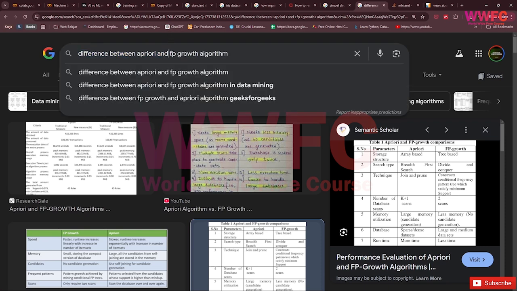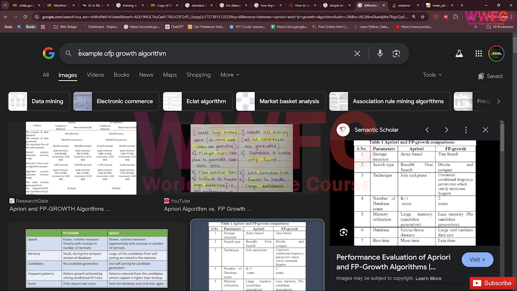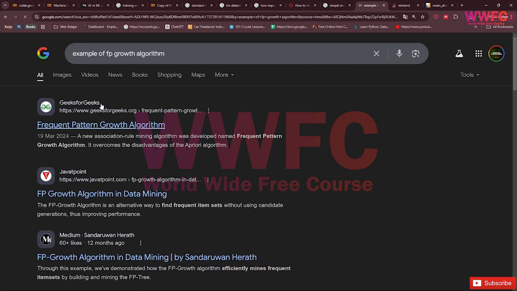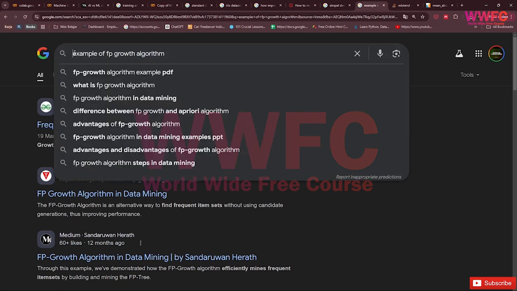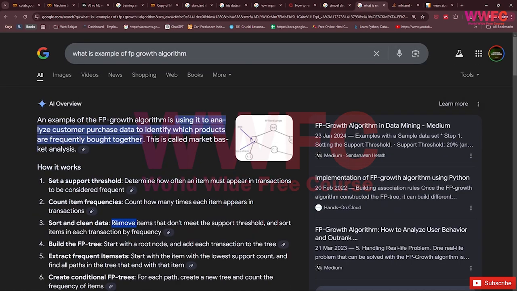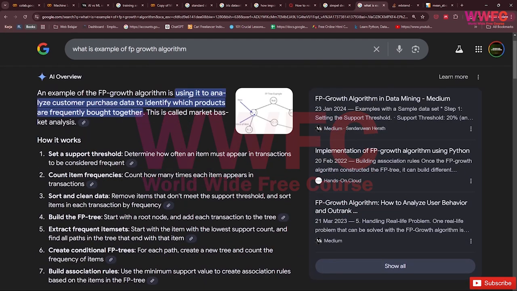Maybe lastly we want to check an example of the FPGrowth algorithm. We want to use it to analyze customer purchase data to identify which products are frequently bought together.